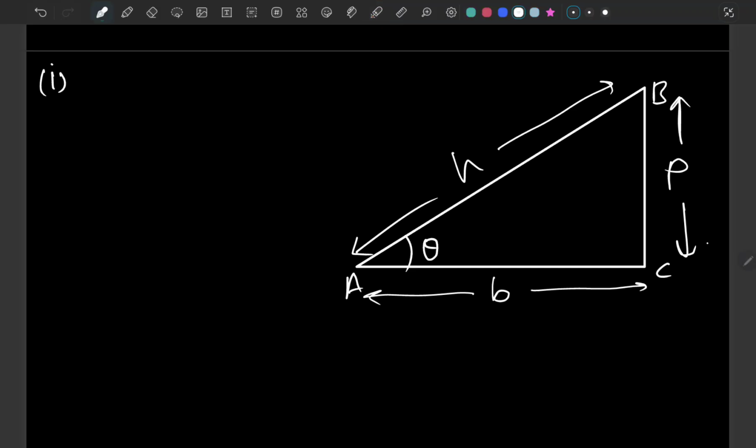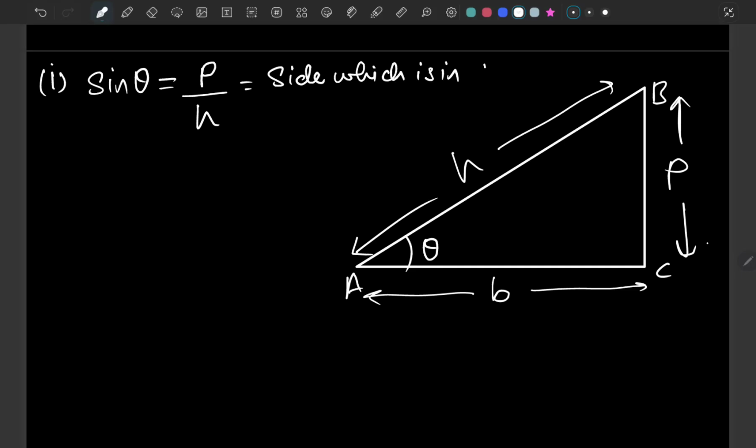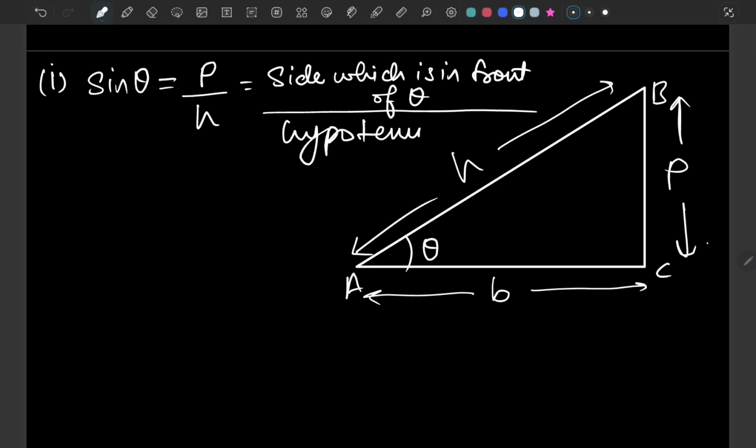So the first function is sine theta. Sine theta is the perpendicular over the hypotenuse, that is P over H. It's a ratio. Basically, it's the side in front of theta over the hypotenuse, because the hypotenuse isn't going to change.